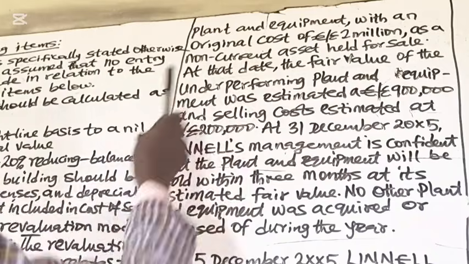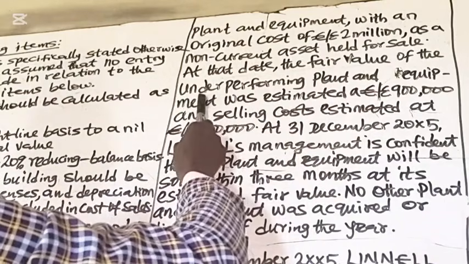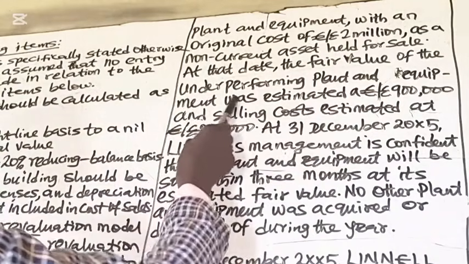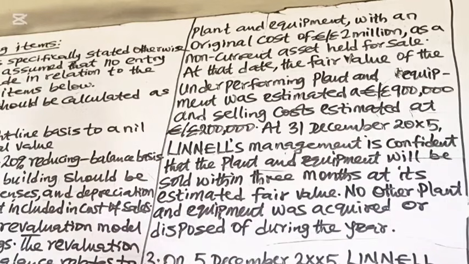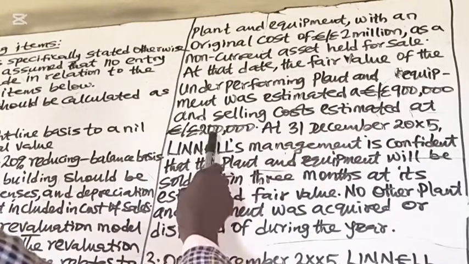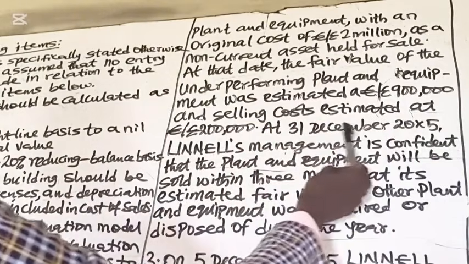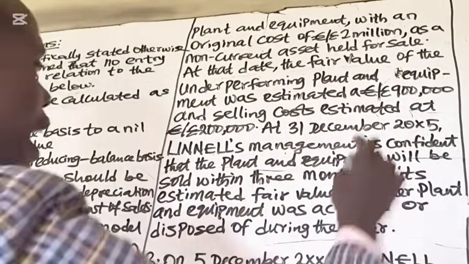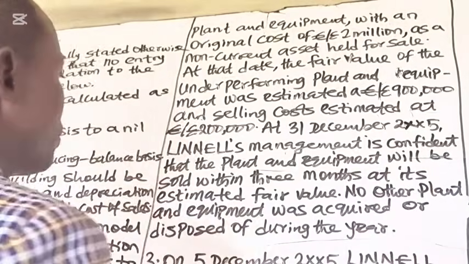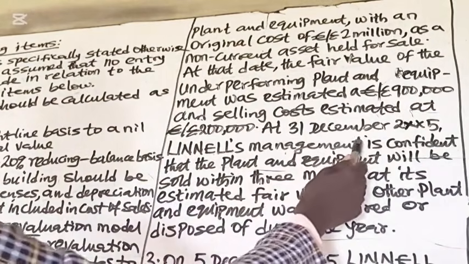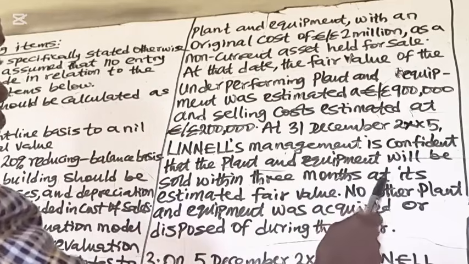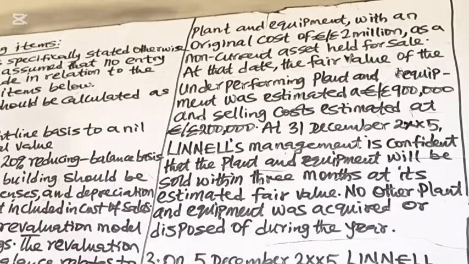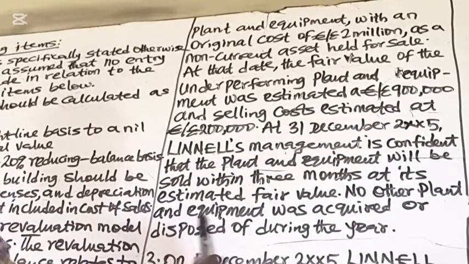At that day, the fair value of the underperforming plant and equipment was estimated at 900,000 euro and selling cost estimated at 200,000 euro. At 31st December 2005, Lease's management is confident that the plant and equipment will be sold within the 3 months at its estimated fair value. No other plant and equipment was acquired or disposed of during the year.